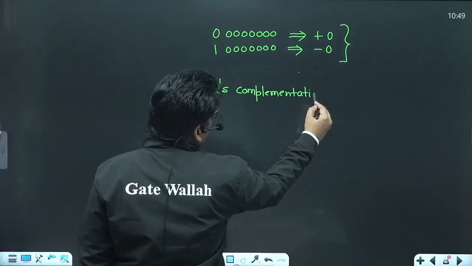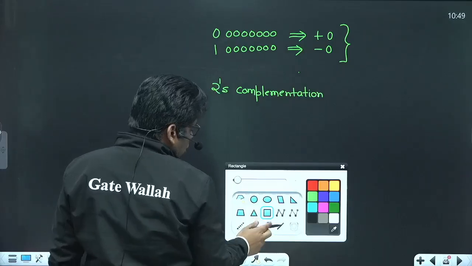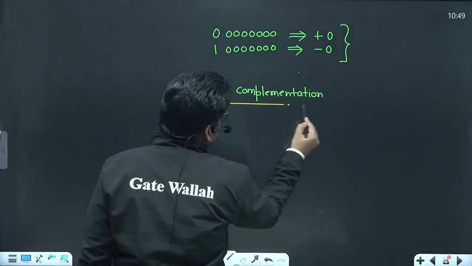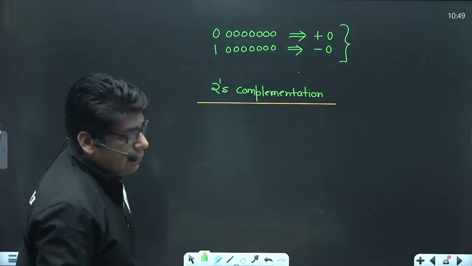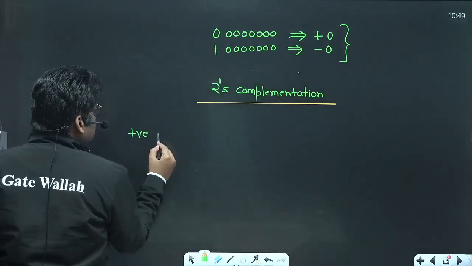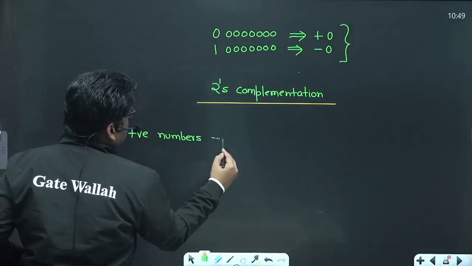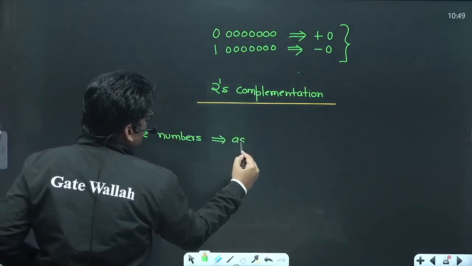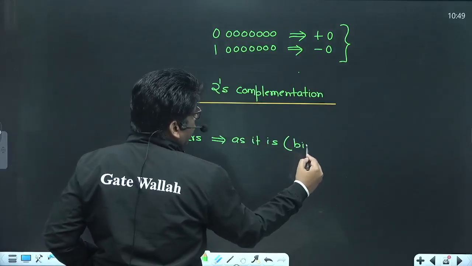Nowadays computers store negative numbers in two's complementation format. Now what does this method say? Positive numbers are stored as they are, that means in their binary form.